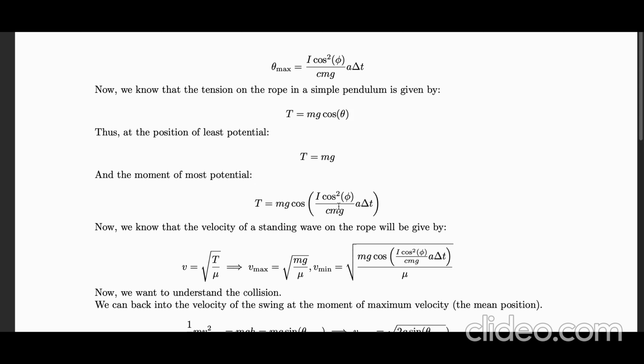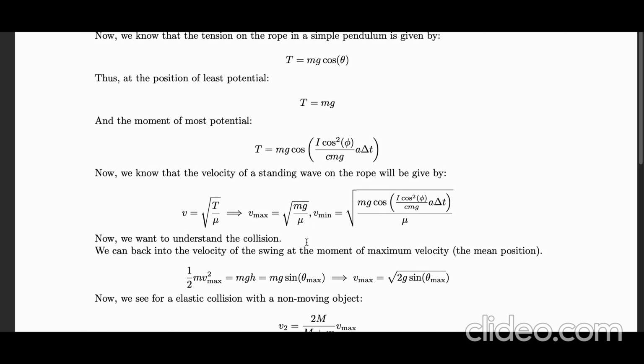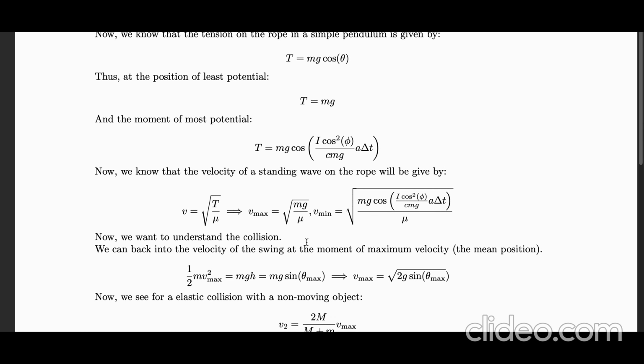And at the moment of most potential, basically when Throckmorton is at his highest vertical point, we can just plug in our expression for theta max that we calculated earlier. Following this, we can apply the formula for the velocity of a standing wave on the rope. And just simply plugging in our tension here, we have our expressions for Vmax and Vmin given here. So that concludes part A.